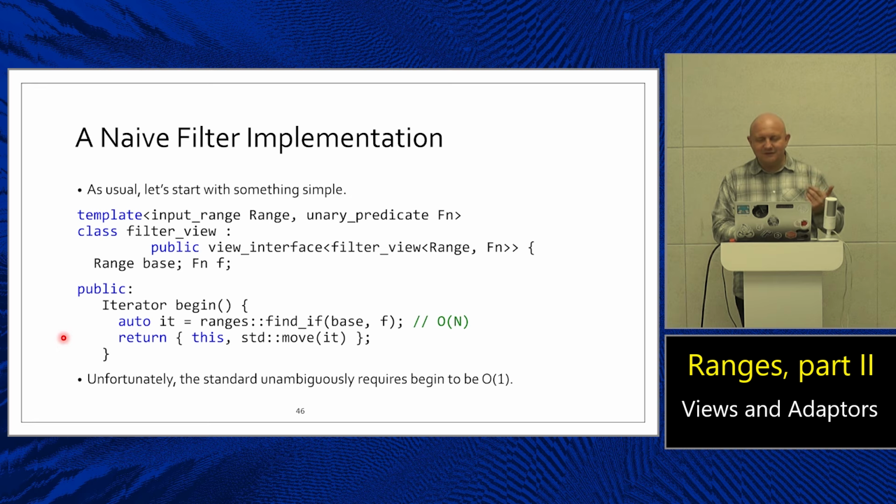We define a filter view of an input range and unary predicate, and we do everything like in transform view. We are storing the range here, base, we are storing the predicate here, we have some iterator, and begin returning the iterator needs to skip all elements that are filtered out before it reaches the real begin, before it reaches the real first element.